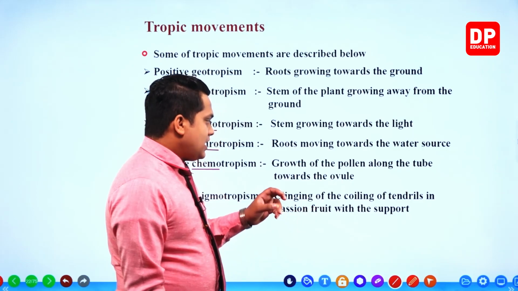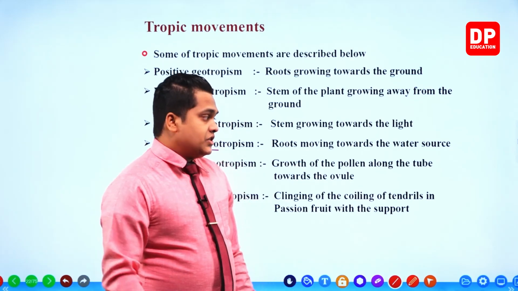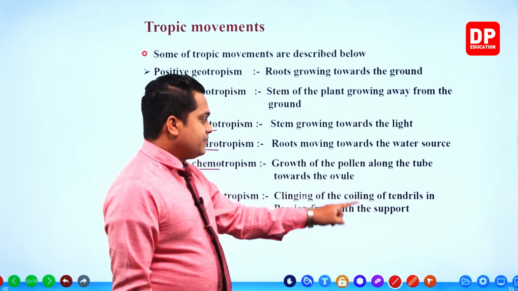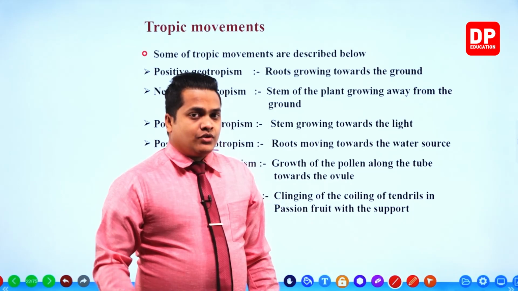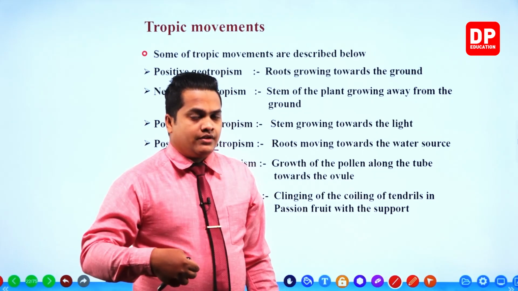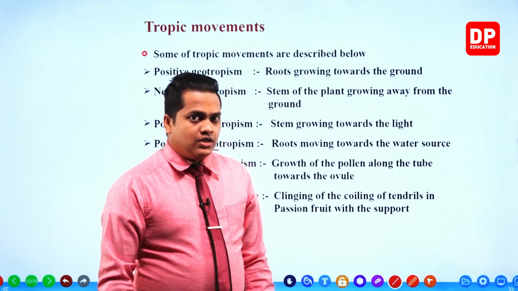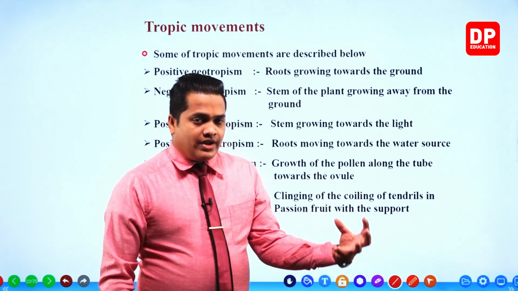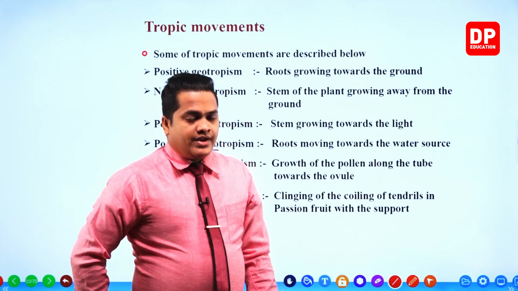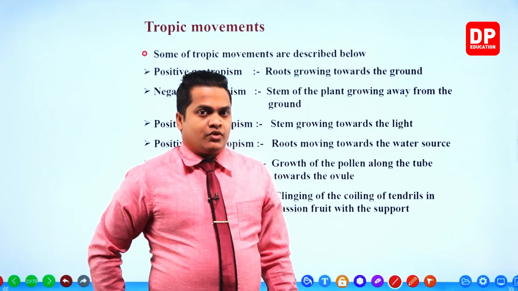So these tendrils coil to cling on a support. So the passion fruit plant coils its tendrils towards a support. This is referred to as a thigmotropic movement or thigmotropism.